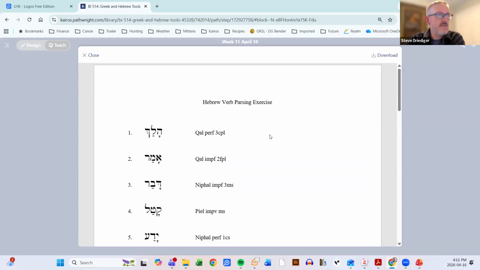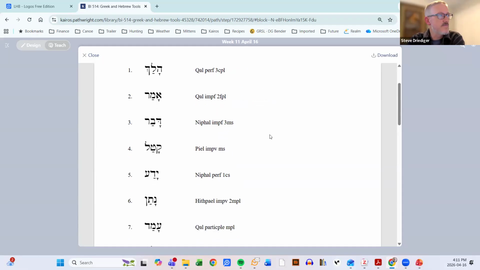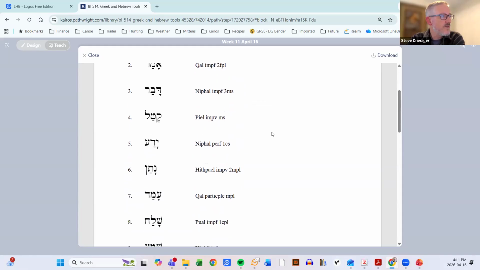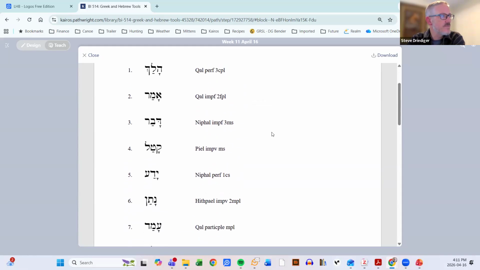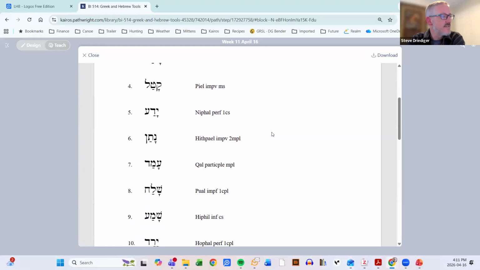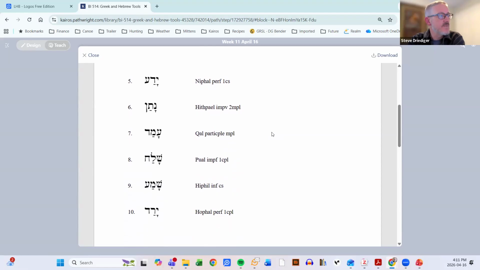So just as a way of practicing to make sure that we're all there, work your way through as many of these 10 as you can. I'll put you in pairs, maybe even be intentional about looking at different stems.